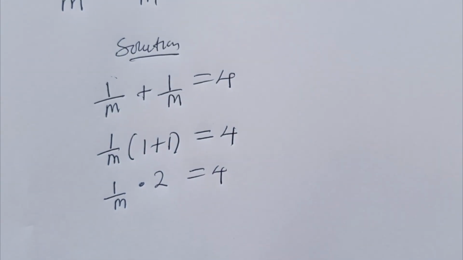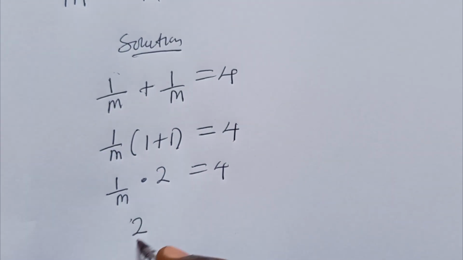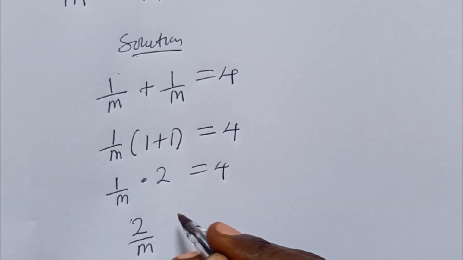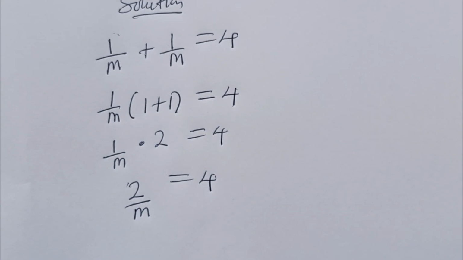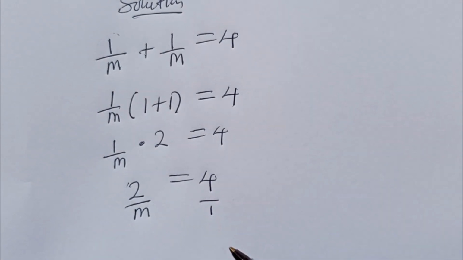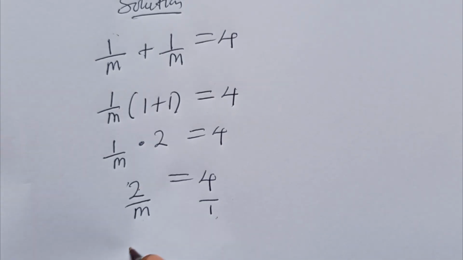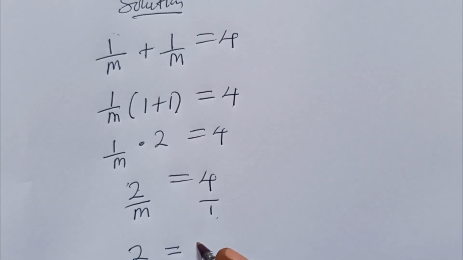We're going to have now 1 times 2 is 2 over m equal 4. Let's decide to add 1 here because 4 divided by 1 is still 4, and cross multiply, that is 1 times 2 and m times 4. 1 times 2 is 2, which is equal to m times 4 is 4m.